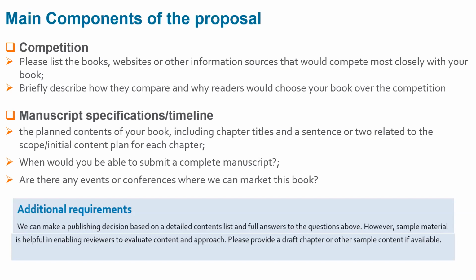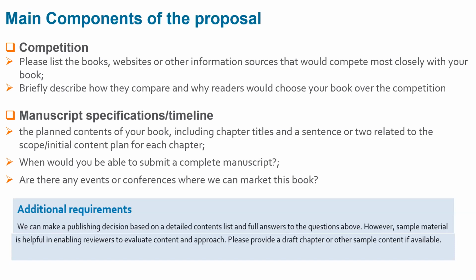I have to list also the competitors. If there are some existing resources, not only books, maybe books or websites, or other information sources that can compete with the information you're trying to deliver, that closely relate to the topic of your book, I have to list them.